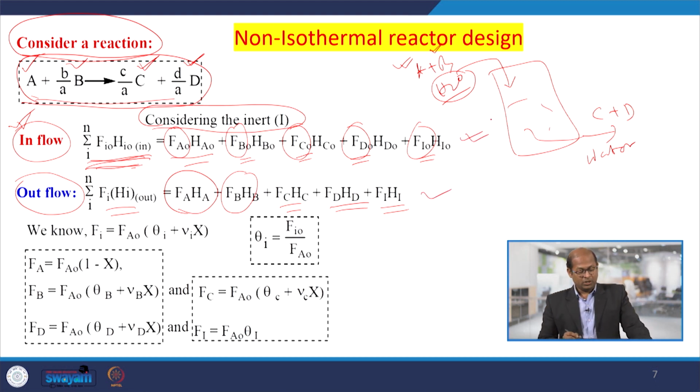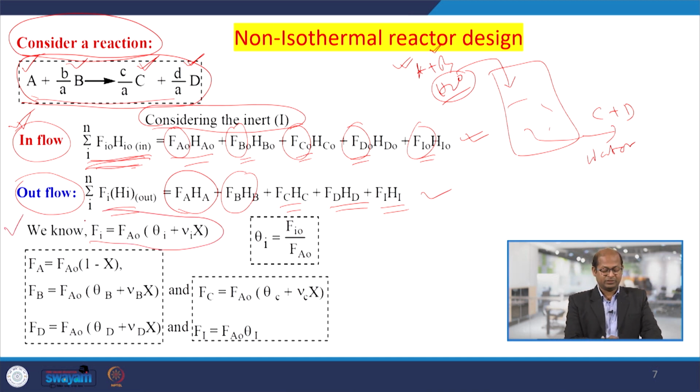Now we have discussed in your previous class at the beginning how we can express the molar flow rate: Fi equals Fi0 into theta i plus nu i into x. This is the stoichiometric coefficient and theta i is the molar flow rate ratio. We discussed that in your previous lectures also.